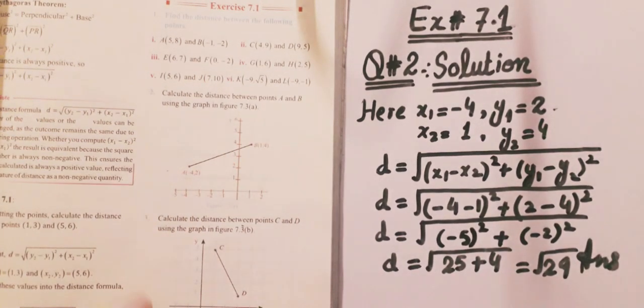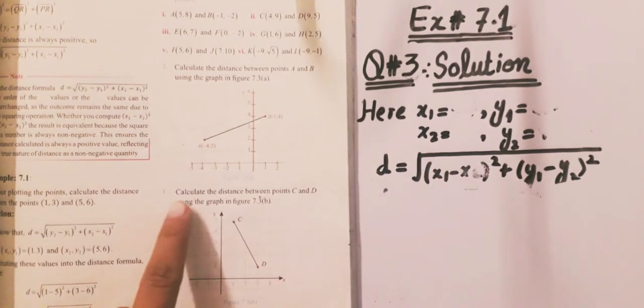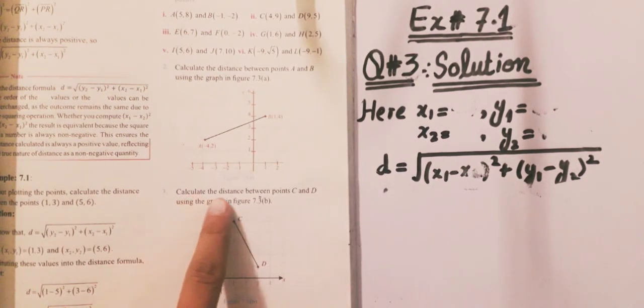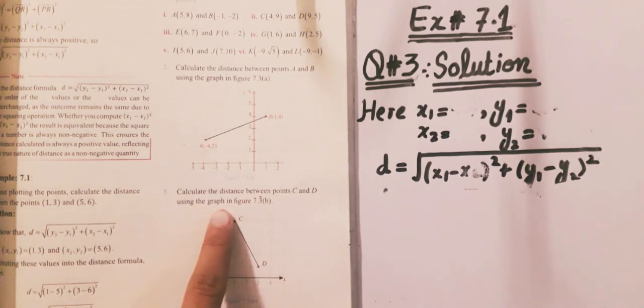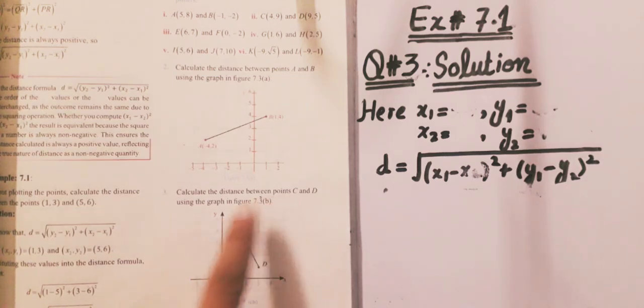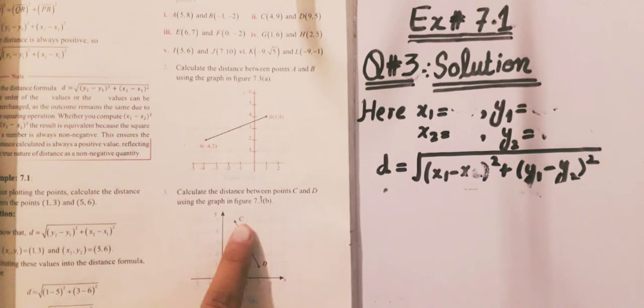Now, we will solve question number 3. In question number 3, calculate the distance between points C and D using the graph. You can see a graph. The distance you have to find is between point C and D. So, the coordinates of point C are considered as x1 and y1. So, you will measure the value of x1 and y1.